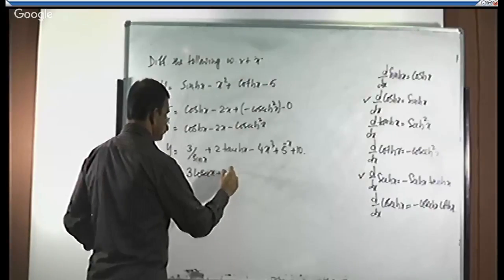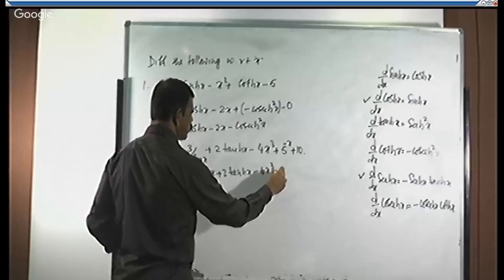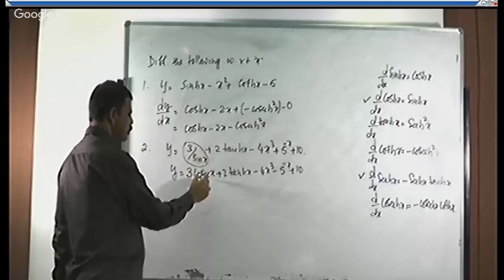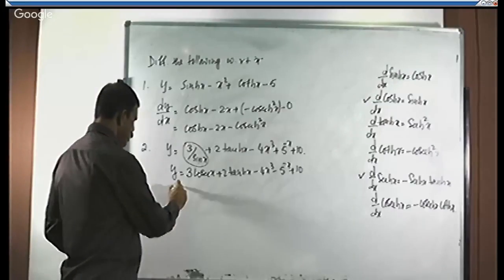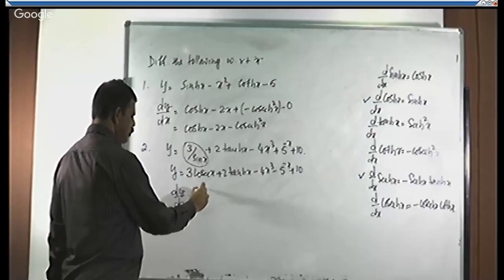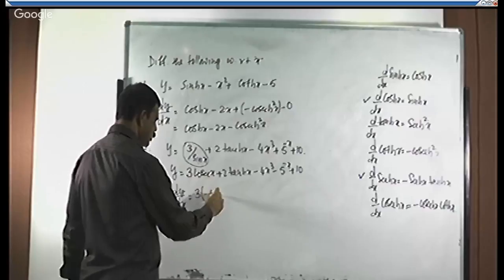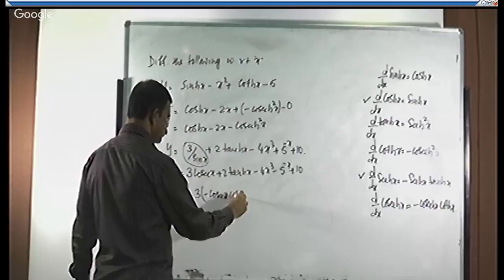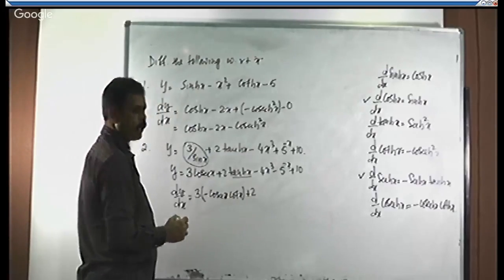Plus 2 tan hx. I am not differentiating, I am just taking it as it is, except this, whose simplified form I have taken here. Now I am going to differentiate with respect to x. Dy by dx is equal to 3 into differentiation of cosecant x, which is minus cosecant x into cot x, plus 2 into tan hx, the hyperbolic tan function.